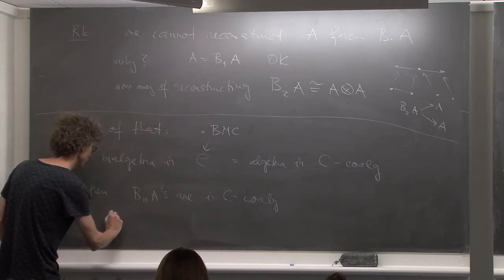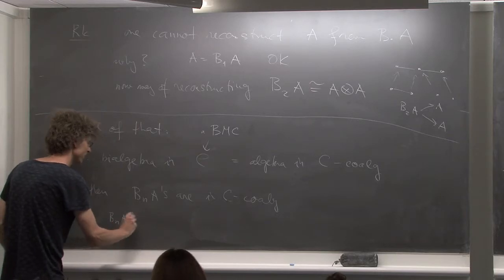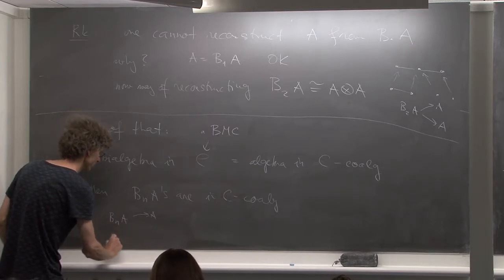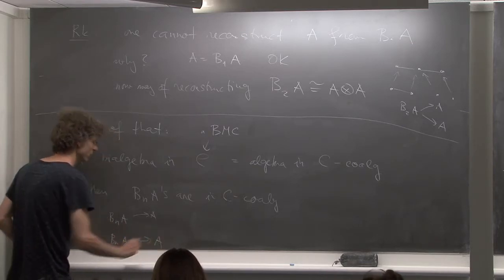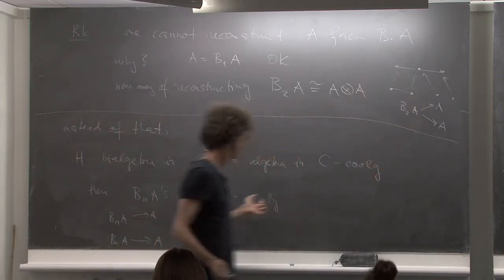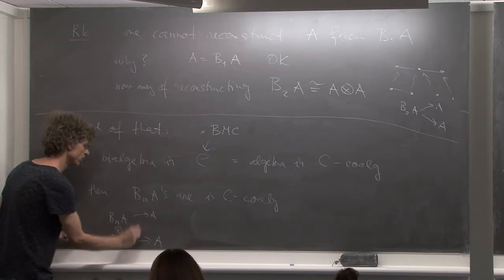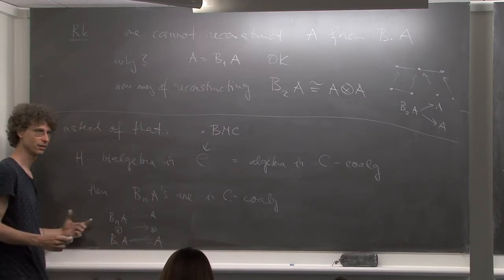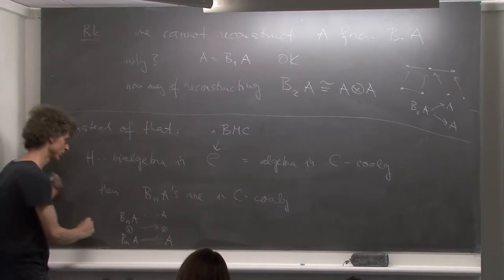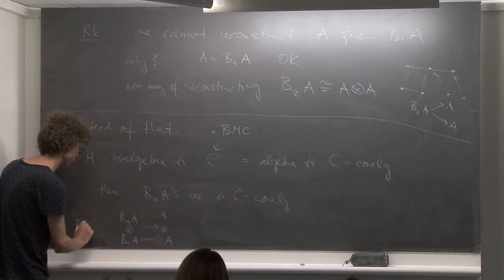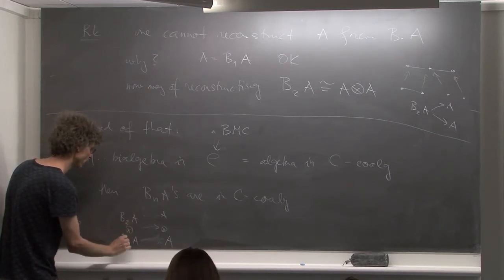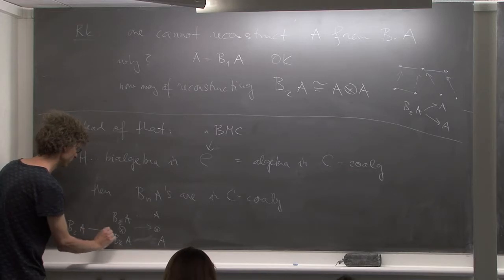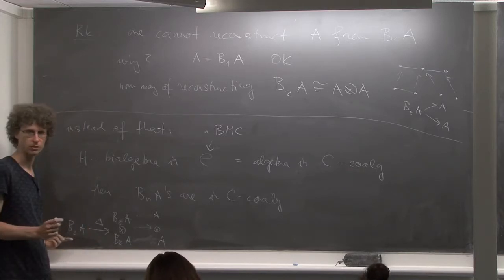And so it makes sense to say that we go from B2A to A, and we have another map going to A, just given by these two maps. So then we can take the tensor product of those and go to the tensor product of these. Right, so that's fine. And it's a coalgebra, so for n equal to 2, it's B2A going here with the coproduct. So all of a sudden, this makes sense.